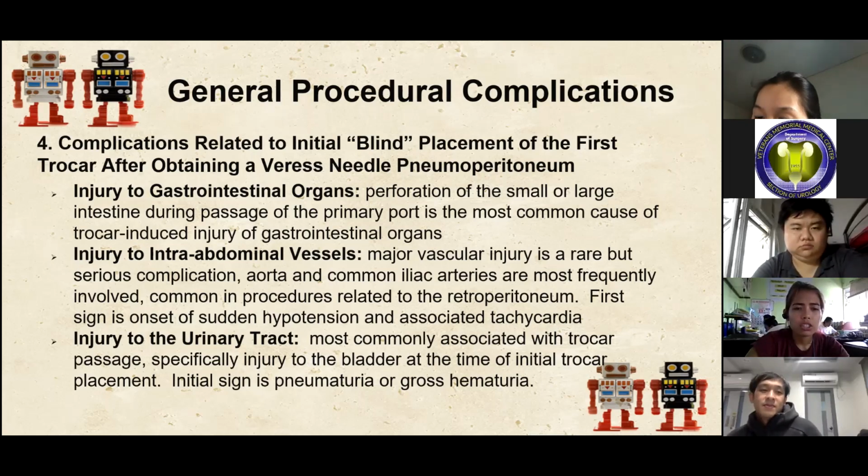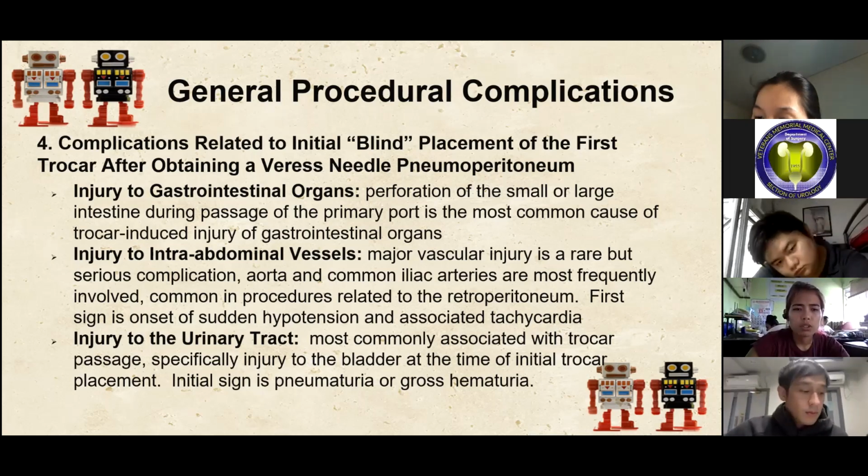Next, we could have an injury to the urinary tract, and it is most commonly associated with trocar passage, specifically injury to the bladder at the time of initial trocar placement.